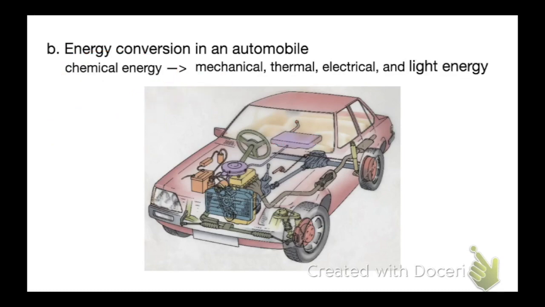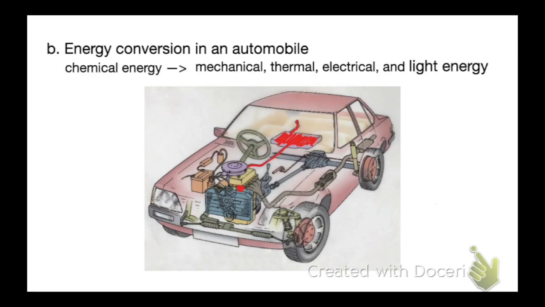So I've got chemical energy in the gasoline in the gas tank. I've got to get that gasoline up to the engine, so a pump pushes the gasoline into the engine. Once it's in the engine, it burns.